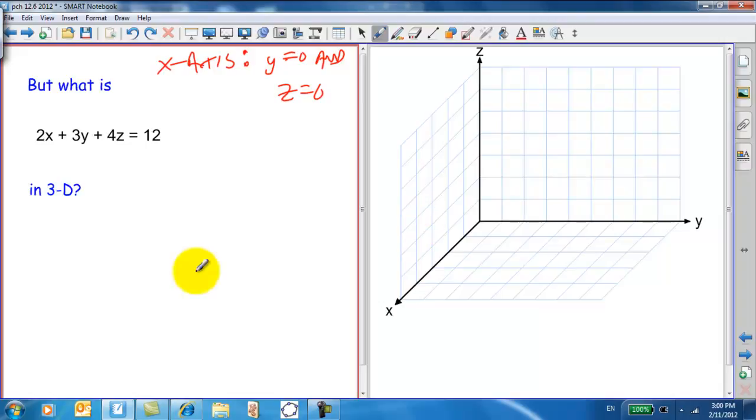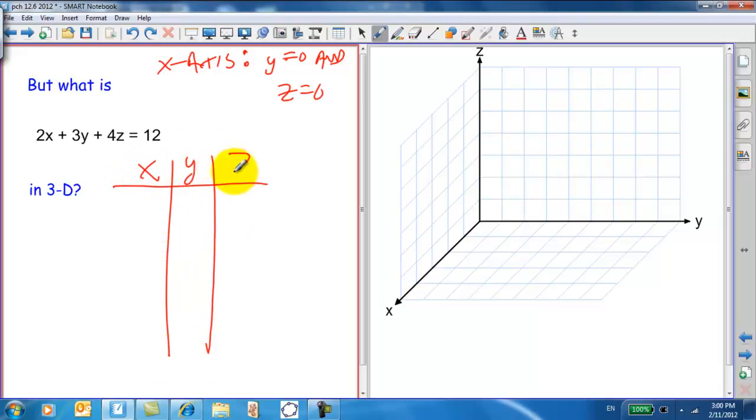So think of that when you make your chart now. We've got 3 variables, x, y, and z, and so you set both y and z equal to 0. When you do that, you get 2x equals 12, so x equals 6.